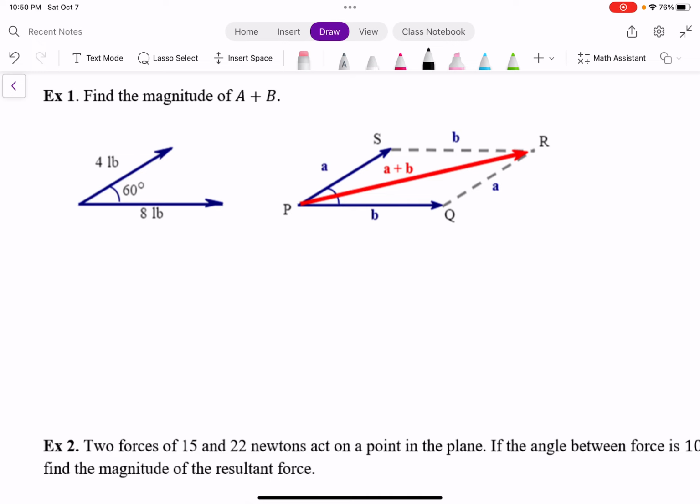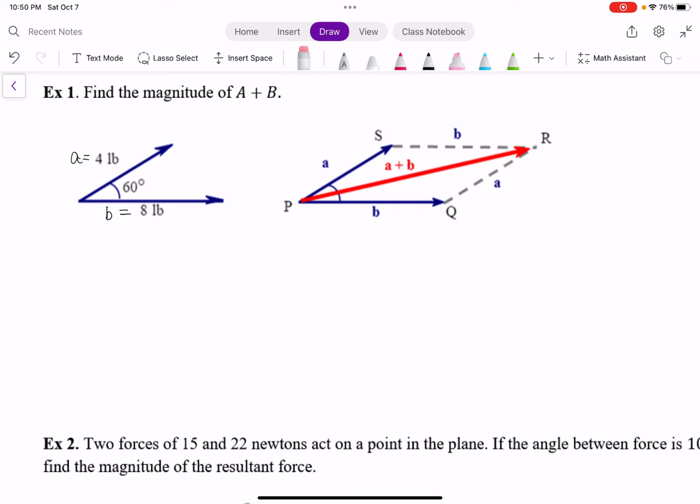It gives us that a is 4 pounds and b is 8 pounds, and they move a and b together so they have the same initial point. How to find the sum of a and b? If the picture moves them together, we know how to make a parallelogram.